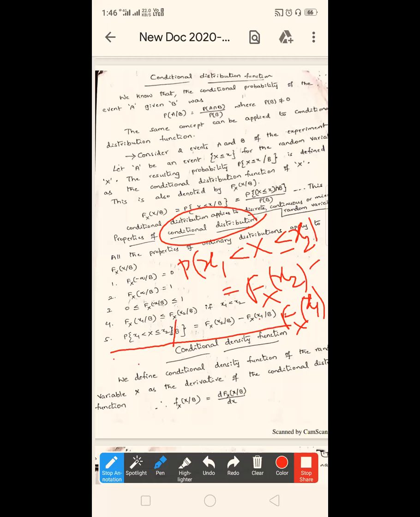Given b means the event B must be satisfied before occurring or happening the event A. That is what the conditional probability is. Probability of A given B means the event B must be satisfied before occurring or happening the event A. Okay, that is what the conditional probability is. Is it clear?